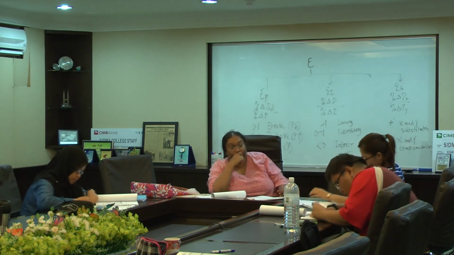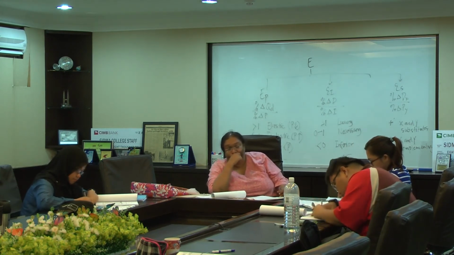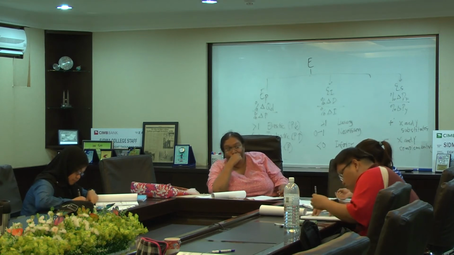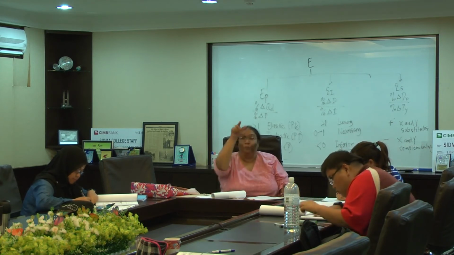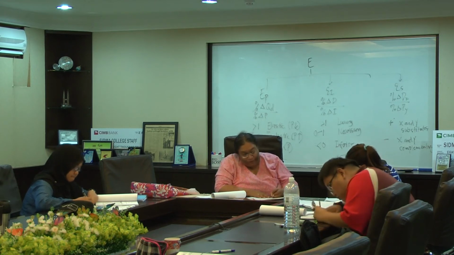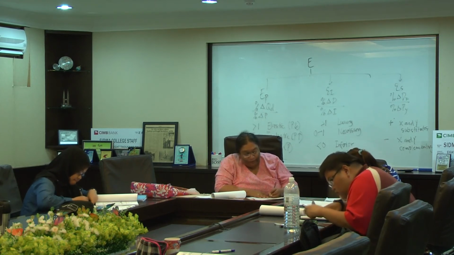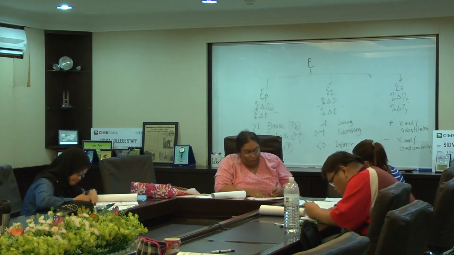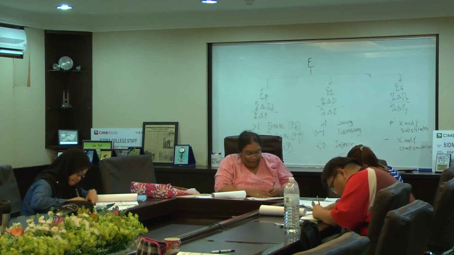Okay? What do you put under Y? Price of local meat. In your X, quantity of local meat. Then what do you do?